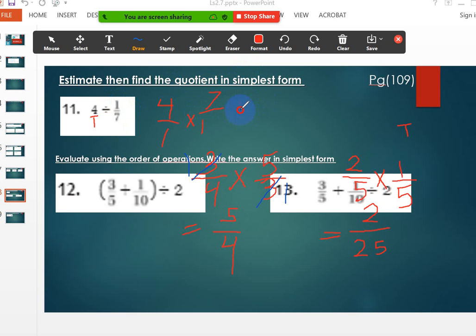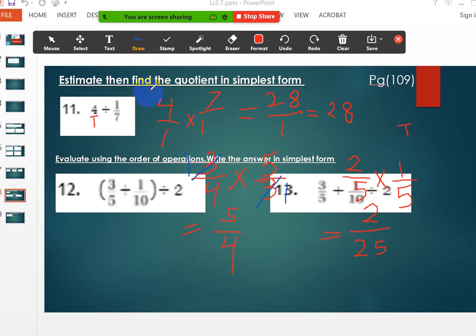Now I will multiply. 4 multiply 7 equals 28. 1 multiply 1 equals 1. So the answer is 28 over 1, which equals 28. This is how I find the answer.